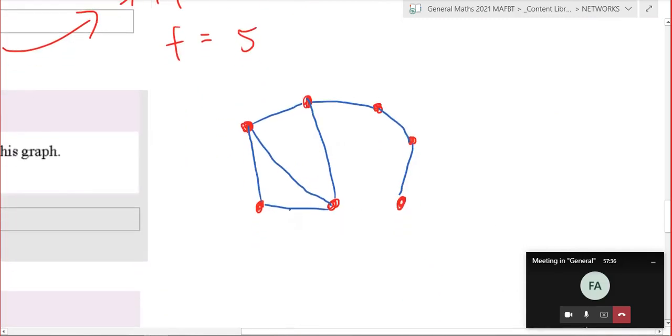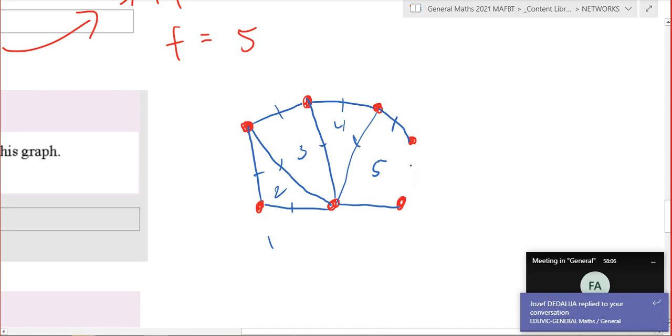So I've got 1, 2, 3, 4, 5, 6, 7, 8 edges so far. There's 9 edges, so I've got 1, 2, 3, 4 faces. Good, I'm nearly there. And if I drew one more here, I'll have 5 faces, yeah? And then how many edges? 1, 2, 3, 4, 5, 6, 7, 8, 9, 10. So that's correct now. And I've still got the correct number of vertices.